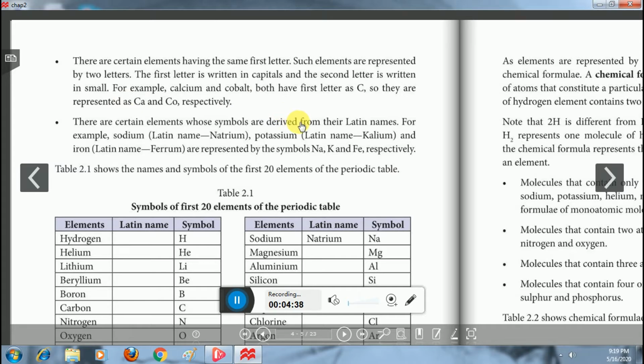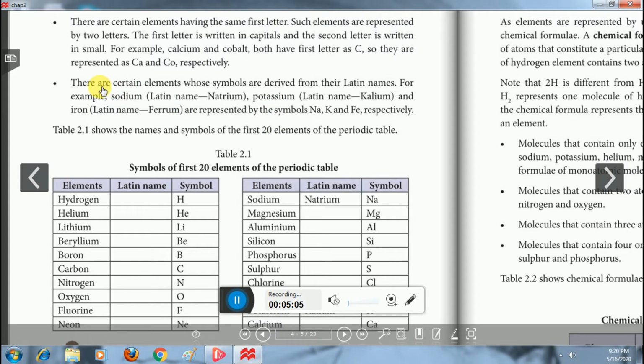The symbol of carbon is C, and the symbol of calcium is Ca, with the first letter in capital and the second in small. Cobalt, Co: first in capital and second in small.